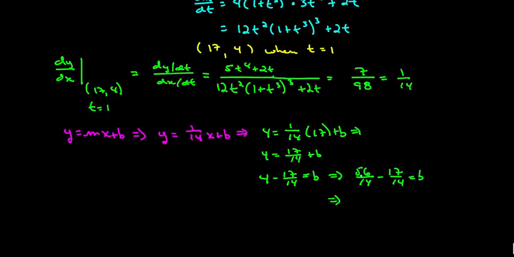And so 56 minus 17, well, 56 minus 10 is 46, minus 7 is 39, over 14. And so what we've got is our b value. So let me just write that over here. Our equation is y is equal to 1 over 14 x plus 39 over 14.